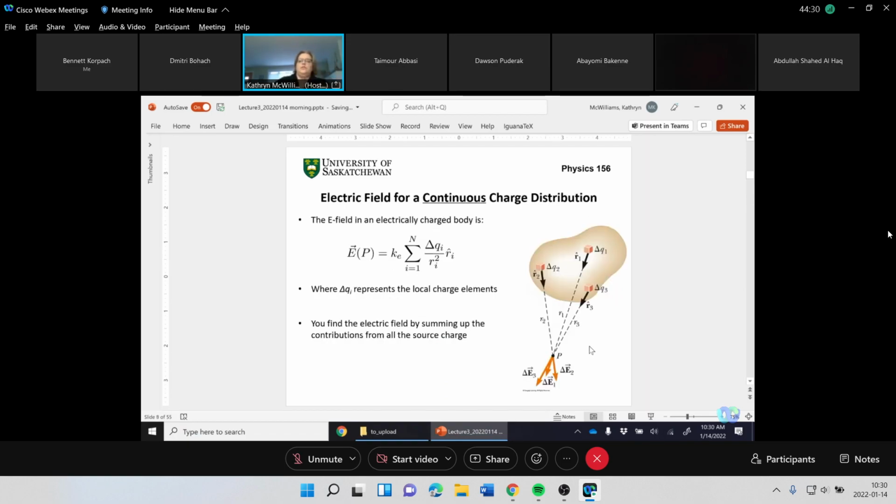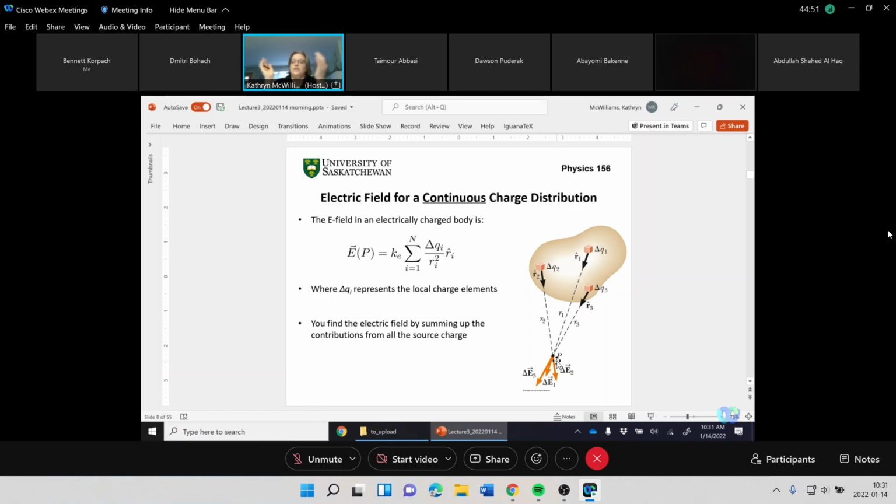like in the R represent the position from the source charge in the blob or the object that you're trying to figure out the electric field that it creates. So the R is all of these various position vectors from the source charge to the point where you're trying to figure out your electric field. Okay.